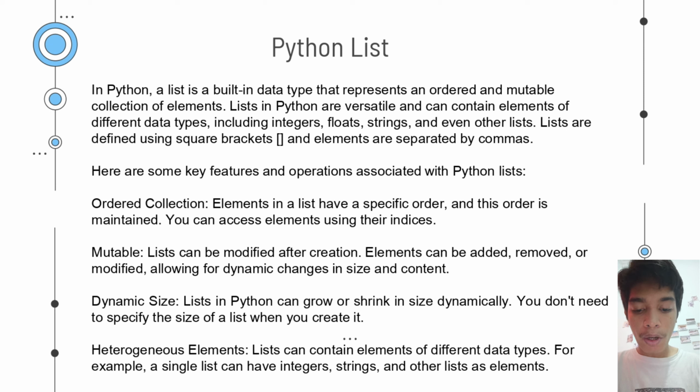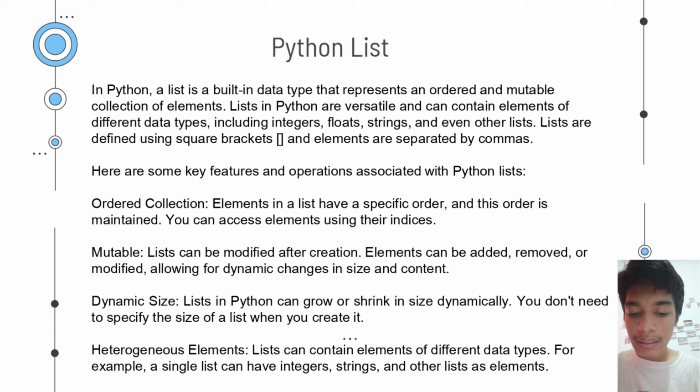So we're going to go to the operations. Some characteristics are associated with Python lists. The first is ordered collection. Elements in a list have a specific order, and this order is maintained. You can access elements using their index. Second, mutable, which means it can be modified after creation. Elements can be added, removed, and modified, allowing for dynamic change in size or content.